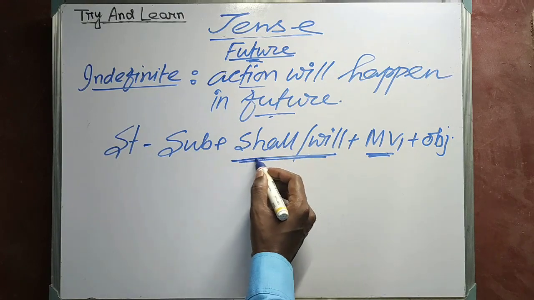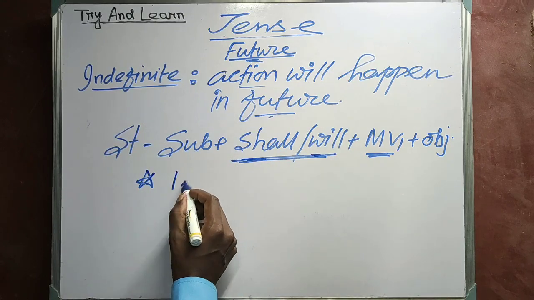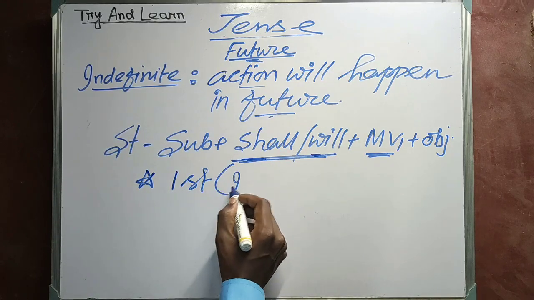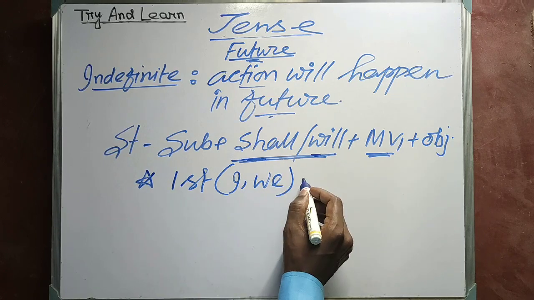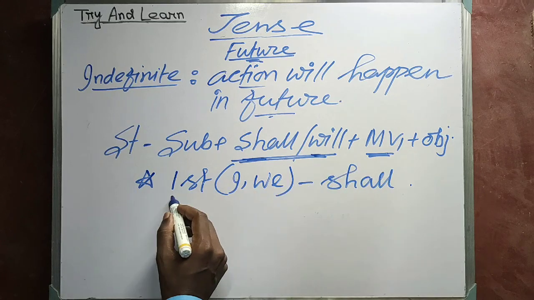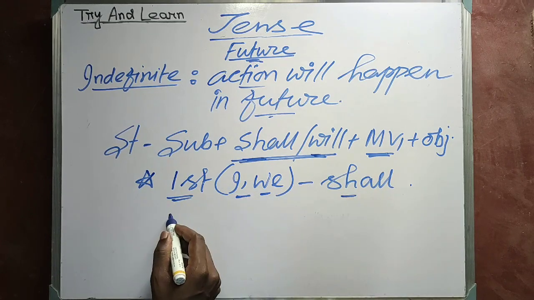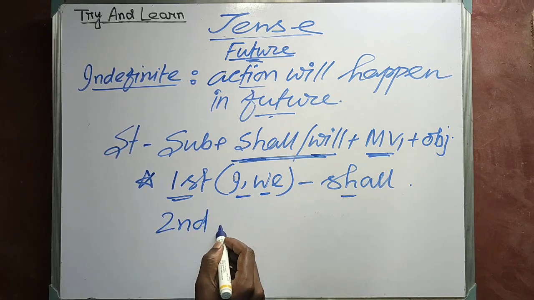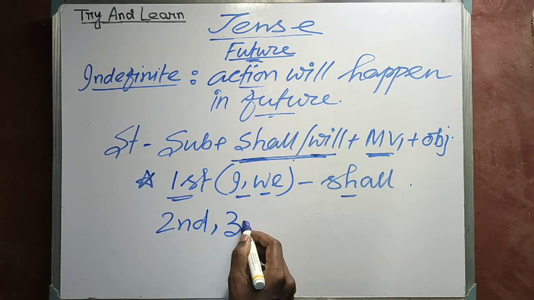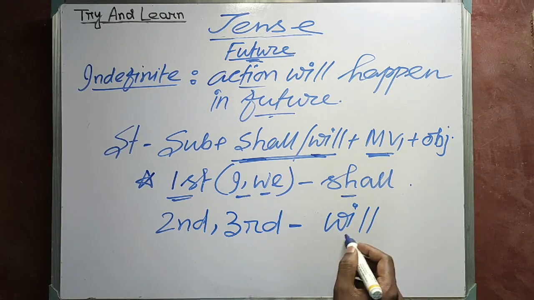Then where to use shall and where will? Remember, after first person, meaning I and we, shall is used, and with second and third person, will is used.